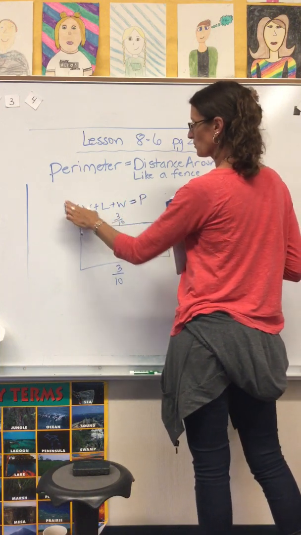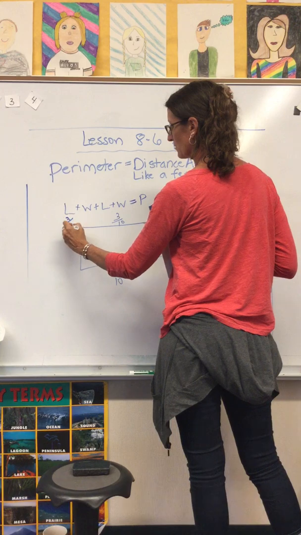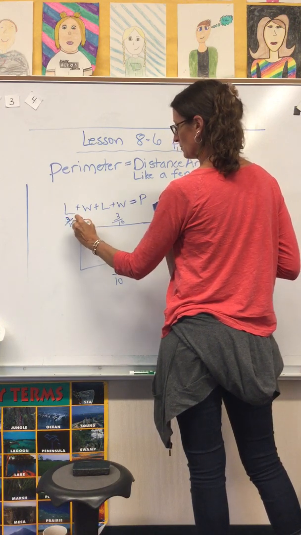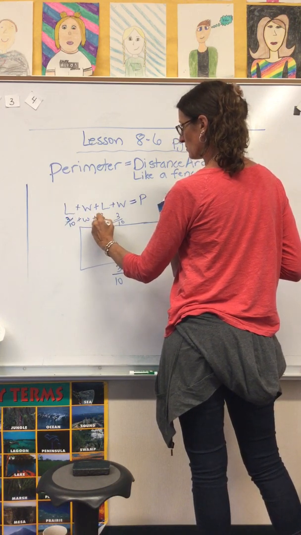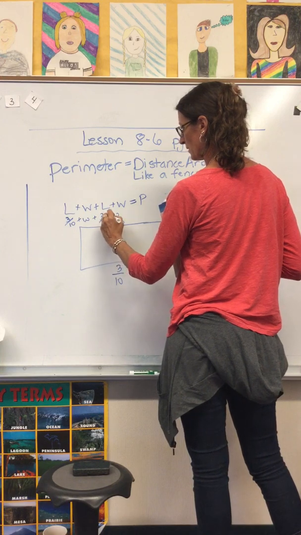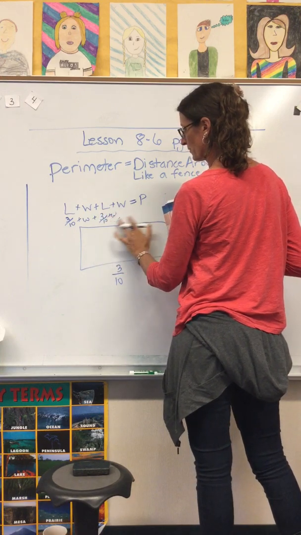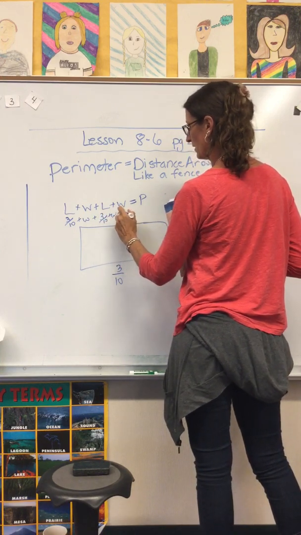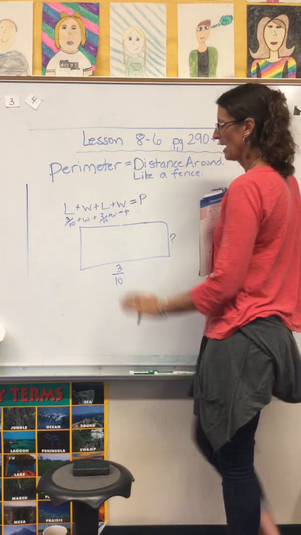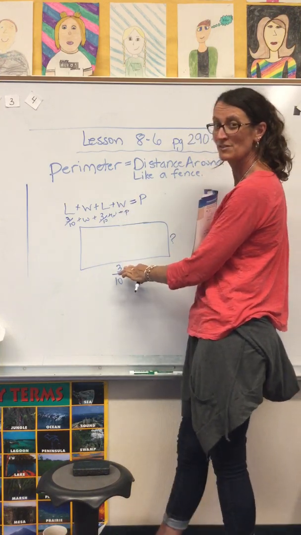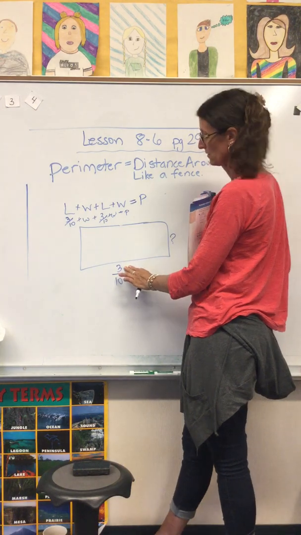Well, if I know this is 3/10, we have 3/10 plus width plus 3/10 plus width equals the perimeter. I know so far I have a total of 6/10.